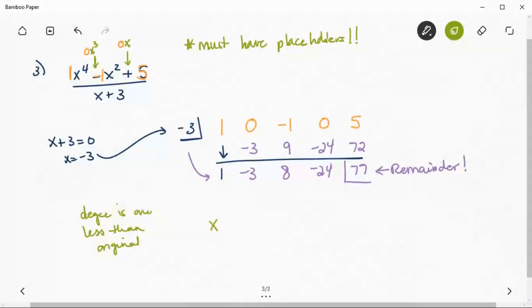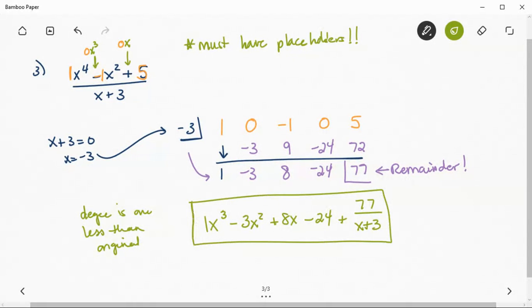We started off with x to the 4th, so our solution is now 1x to the 3rd minus, and we're just going to go down in descending order, 3x squared plus 8x. Our last term will not have an x, and then we're going to add our remainder over our divisor of x plus 3. This is now solved with synthetic division.